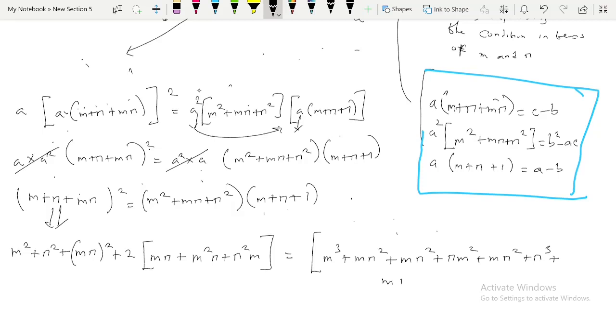This is n plus n. Okay, this is plus 1 multiplying this is m squared plus n squared plus mn, right? So is there anything, like similar terms we can add up? Yeah, there are. Let's just simplify.